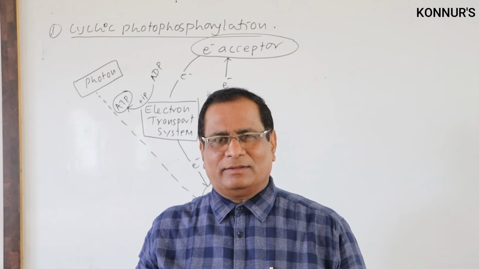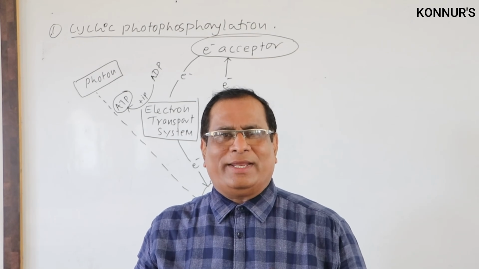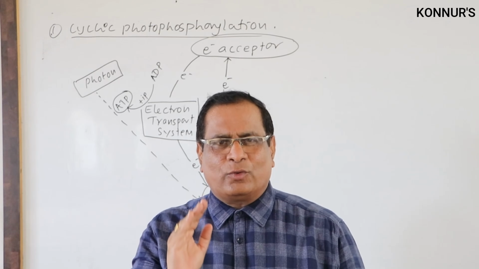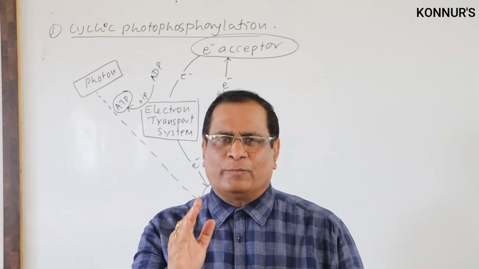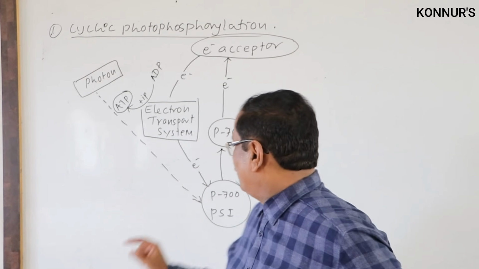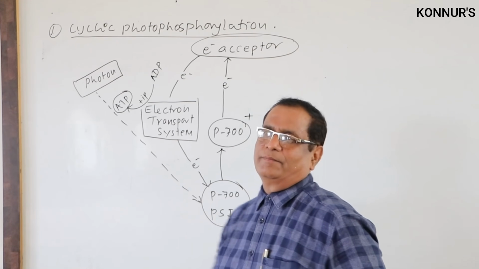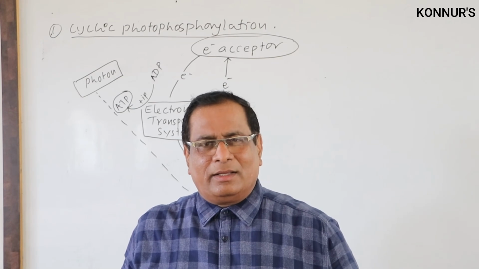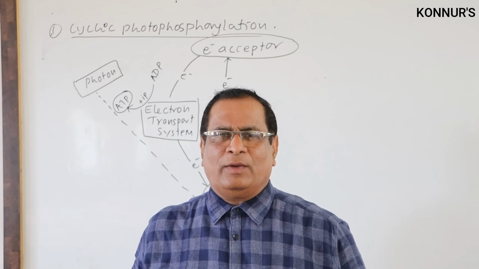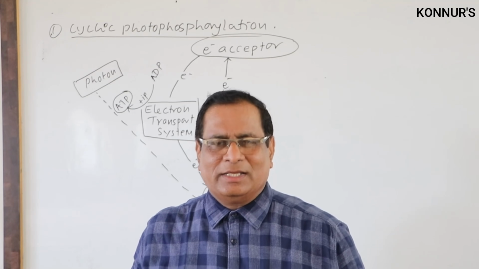And second is, which of the following LHC is involved in cyclic photophosphorylation? That is photosystem first. In cyclic photophosphorylation, which chlorophyll molecule is the reaction center?